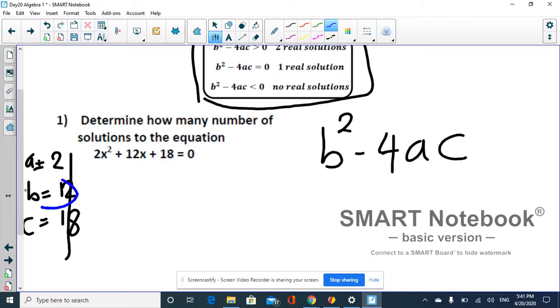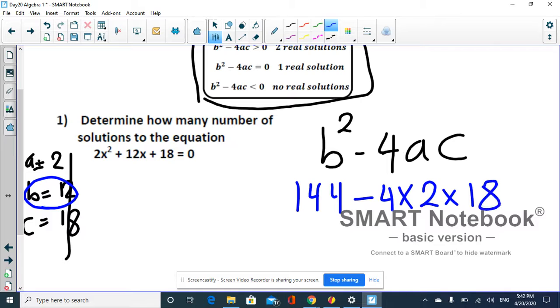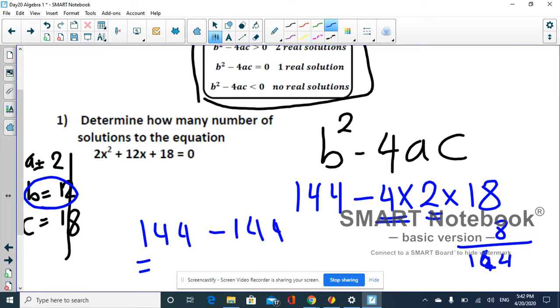B squared: b is 12, so 12 times itself is 144, minus 4 times a, 2, times c, 18. 144 minus 4 times 2, 8, times 18, which is 144. So it's 144 minus 144 equals 0.